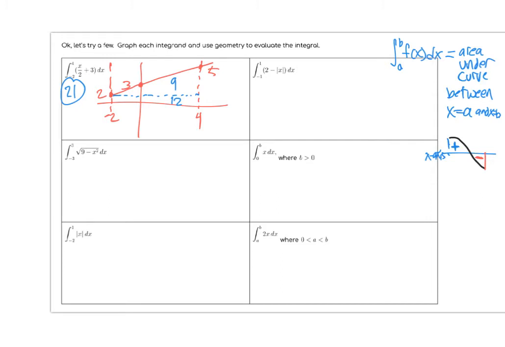Ooh, from -1 to 1, 2 minus the absolute value of x. So we're starting at a height of 2. The absolute value of x is going to be a slope of -1 and 1 going each way. And that's going to go from -2 to +2. We care about from -1 to 1.